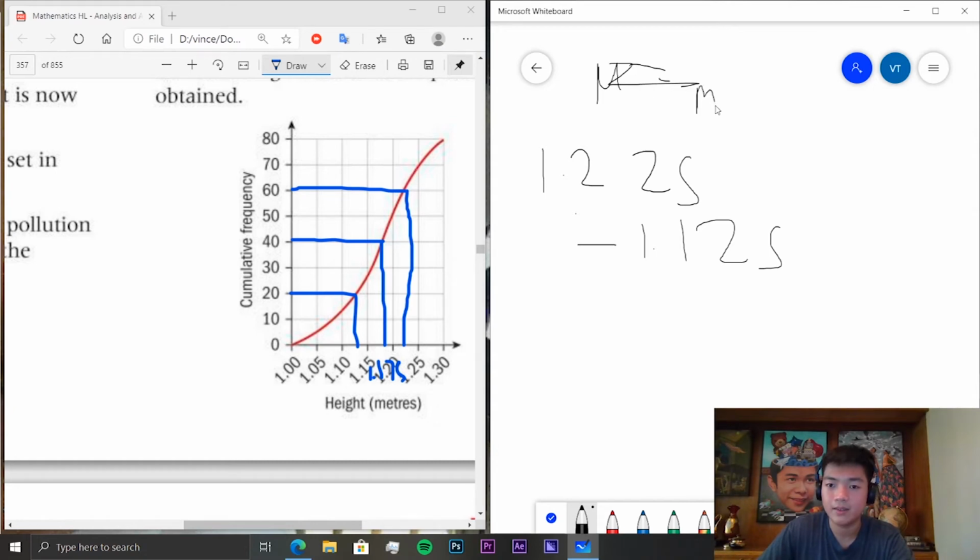The median is equal to 1.175, and 1.225 minus 1.125 is 0.1. So I would estimate the interquartile range is 0.1.